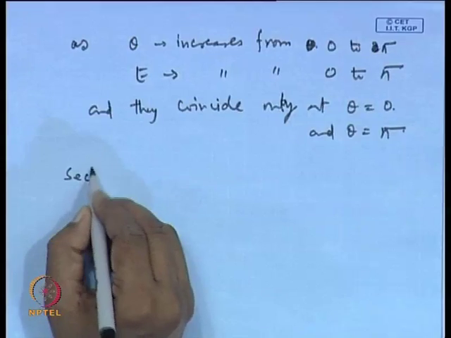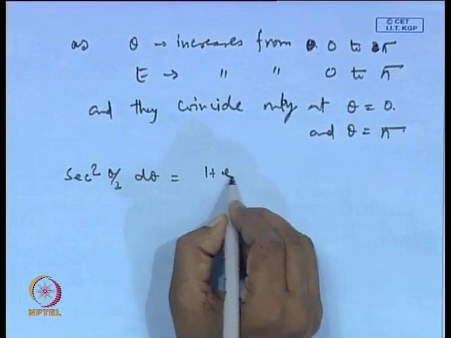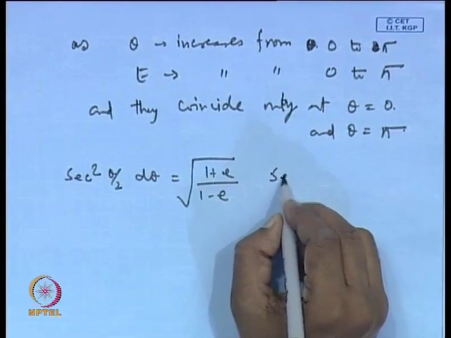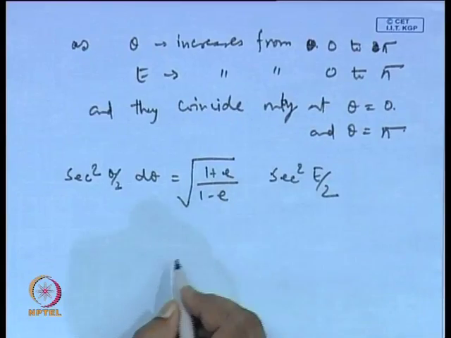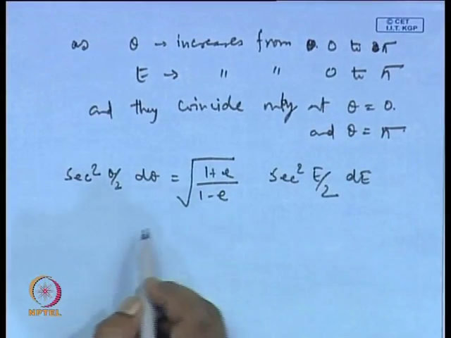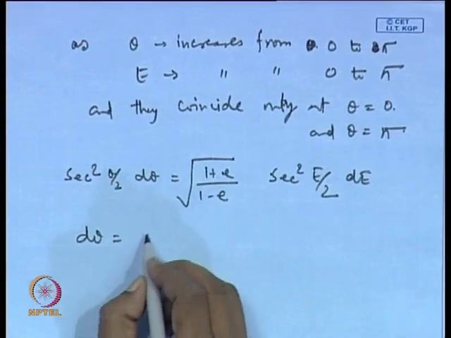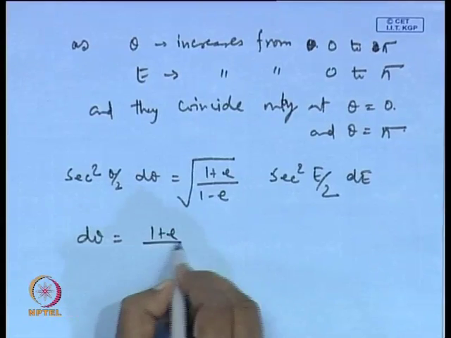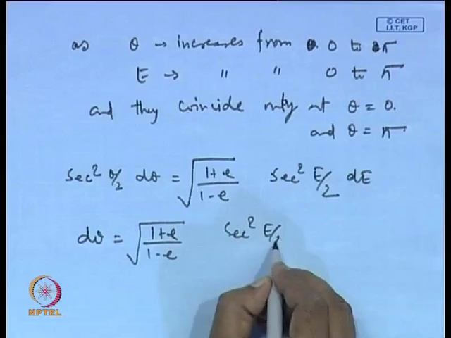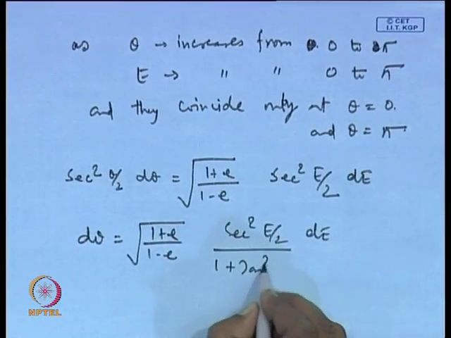Therefore, we can write sec square theta by 2 times d theta equal to square root of 1 plus e divided by 1 minus e times sec square E by 2 times dE by 2. This substitution we can do in our original equation. So, d theta can be further written as square root of 1 plus e by 1 minus e times sec square E by 2 dE divided by 1 plus tan square theta by 2.